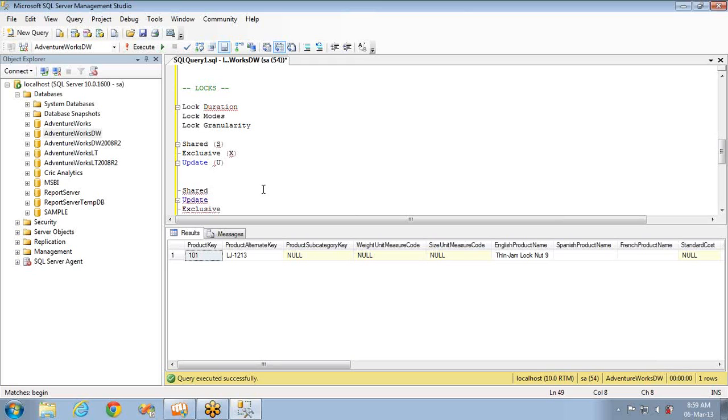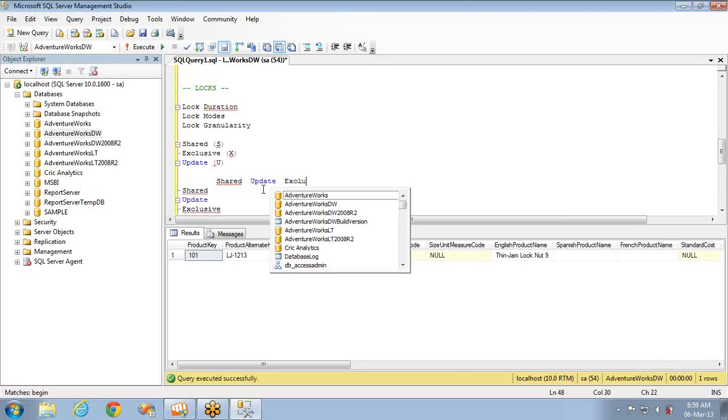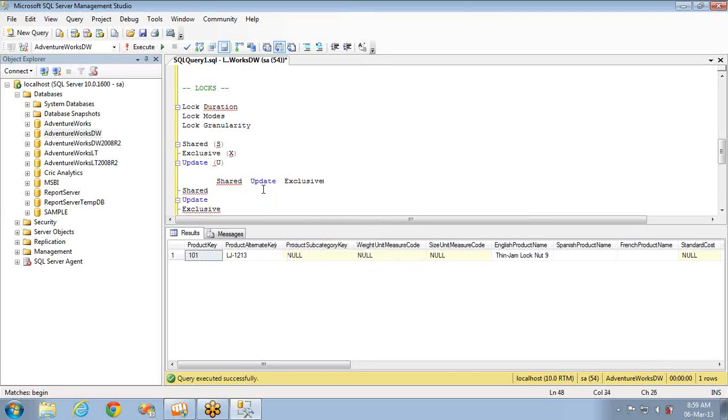Shared, update, and exclusive. I'm trying to write a table here. I don't know whether I can make it here. Okay. A shared log can be set when another shared log is available.